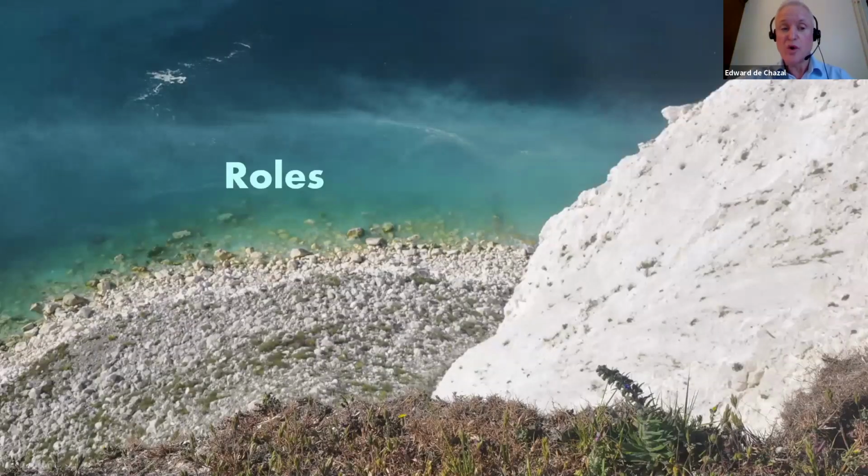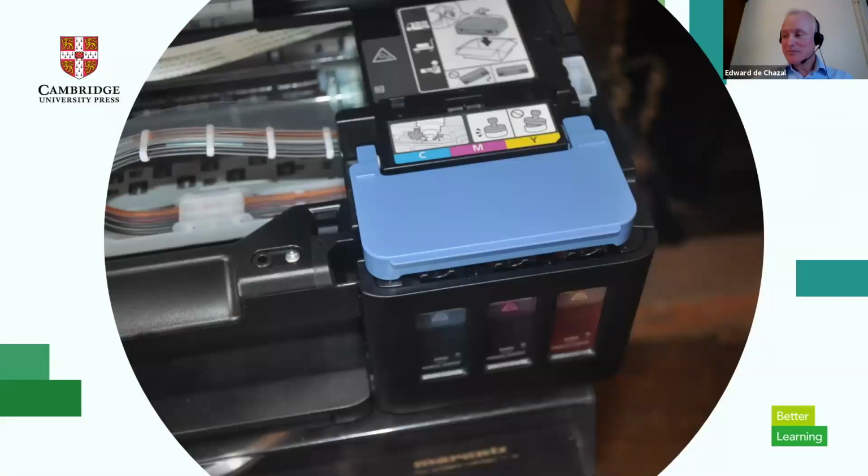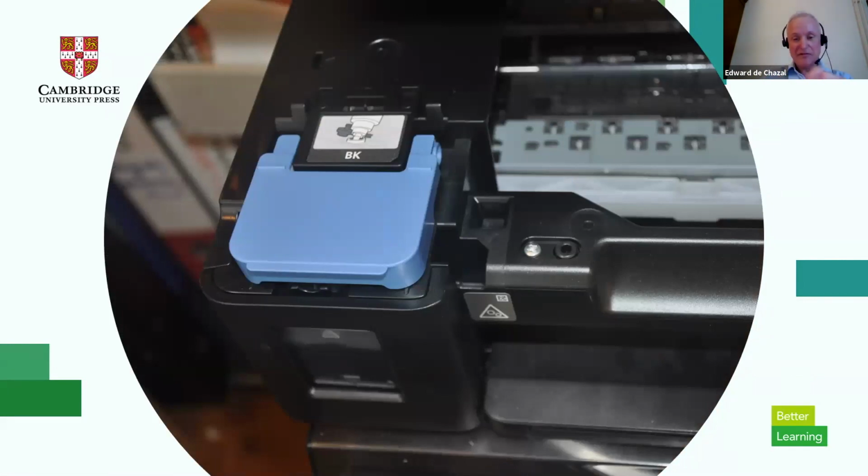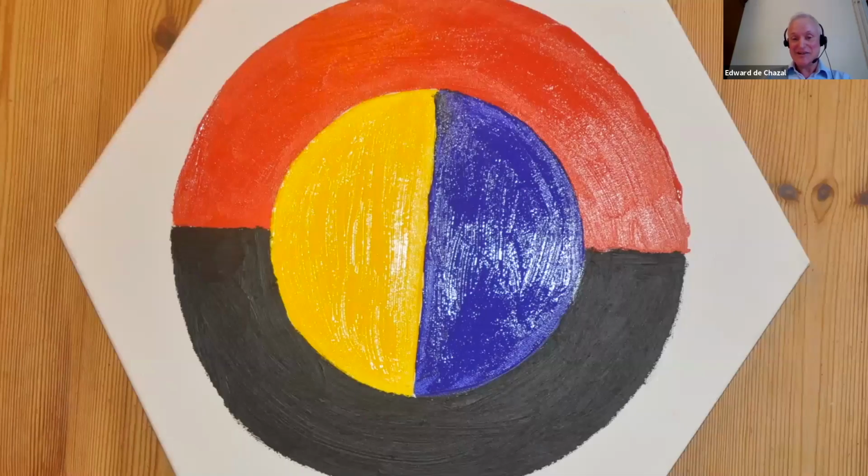So this brings us to our roles, 4 roles today. In my study is my printer, and you can see the 3 colors, cyan, magenta, yellow, so blue, red, yellow, not forgetting black. So these 4 colors combine to make up any color, any image, anything, just 4 colors. So akin to that image, I just painted it on a canvas here, the 4 colors. You'll notice that each color is contiguous to the other 3.